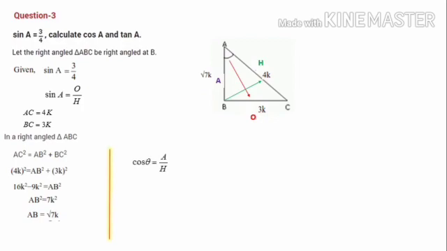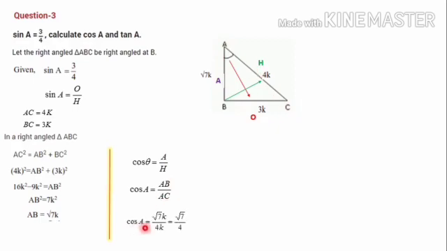So here, first of all, we have to calculate the cos value. Let's recall the formula for cos theta. Cos theta is equal to A by H. That is, for the angle theta, A is the adjacent side. So here we have to calculate cos A, so instead of theta, we put A. Cos A is equal to A by H. A is here AB, so that is mentioned here, and H is here AC, so that is also marked.